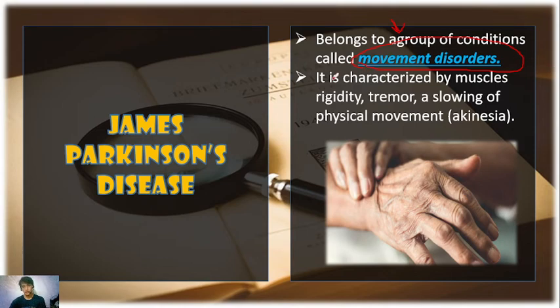It affects our handwriting, especially the tremors, because of the shaking of the hand. Then the writings could be shaky, or show tremors. So that is James Parkinson's disease.